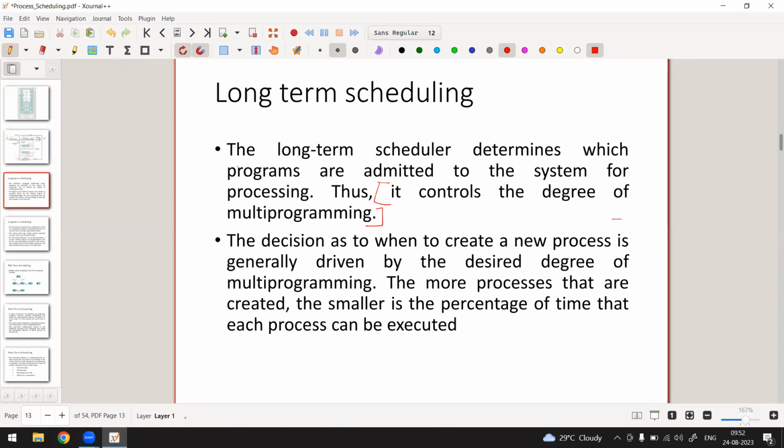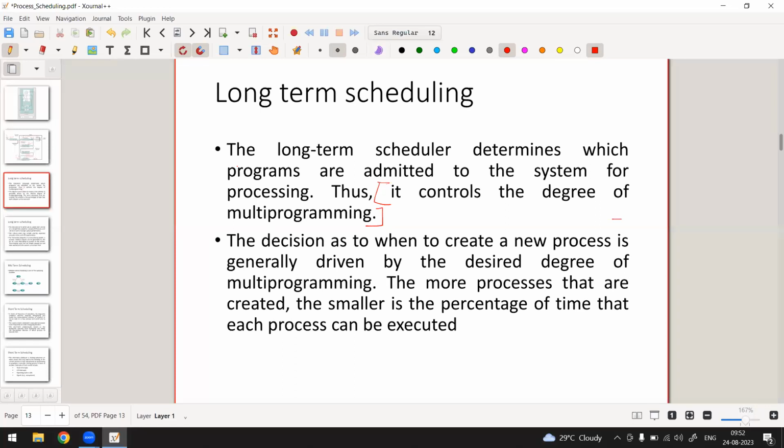Because when the long-term scheduler comes into the picture, it will add one new process to the system, or remove one process out of the system.